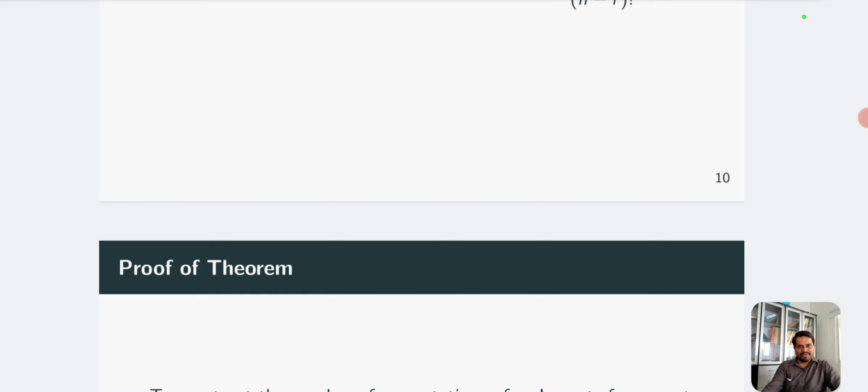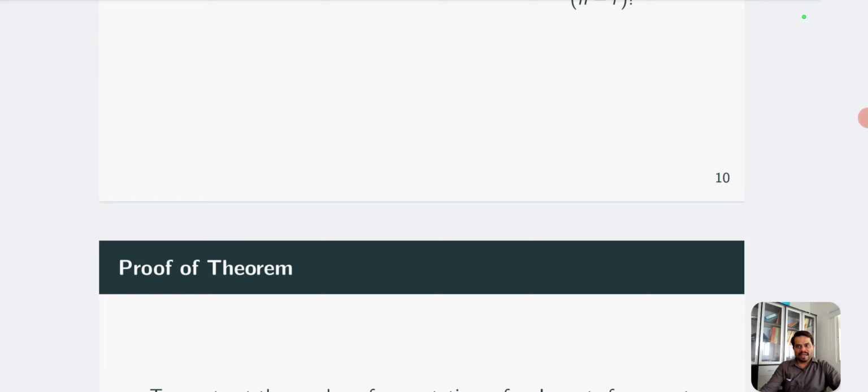So we can choose the first element in n ways. After placing one element in the first position, how many elements are remaining? For the second element there are n − 1 ways, because one element is already removed and is in the first position.